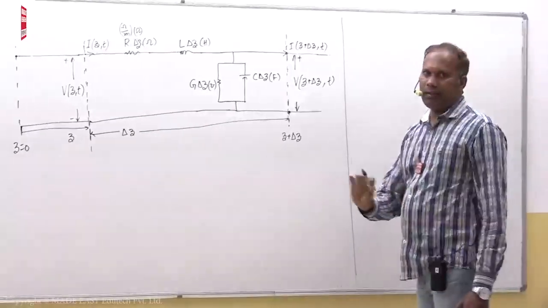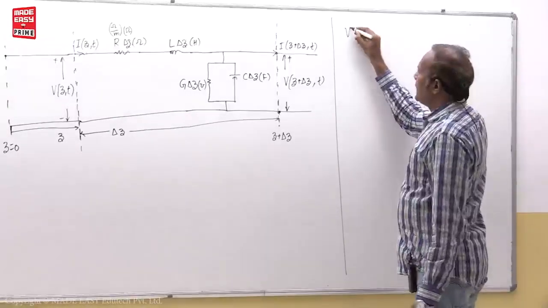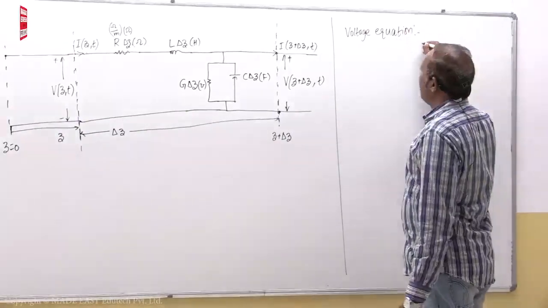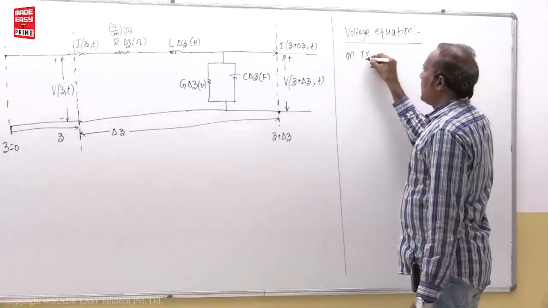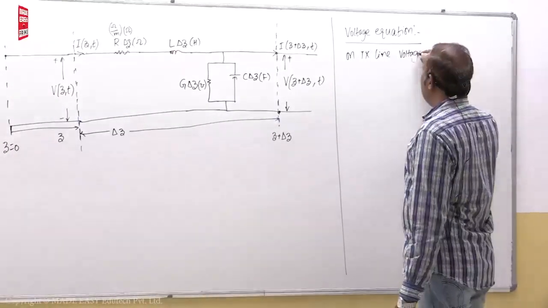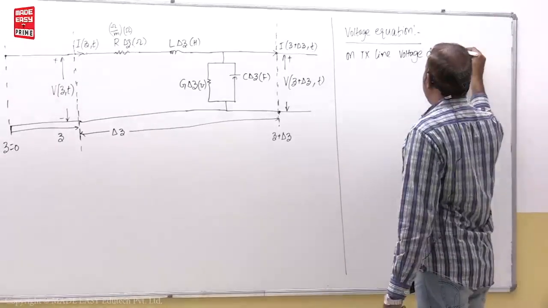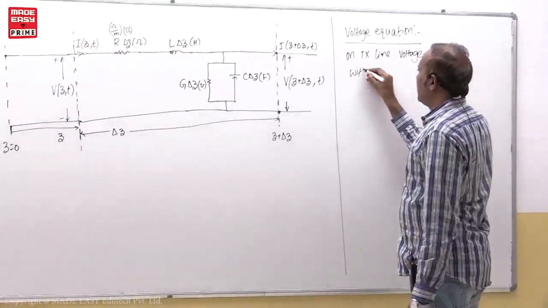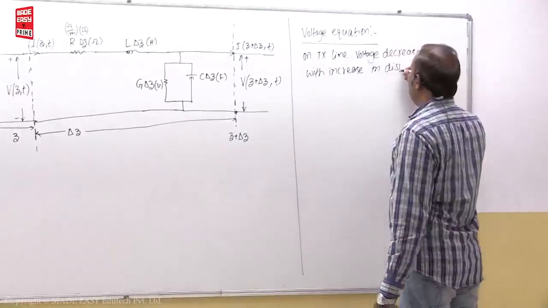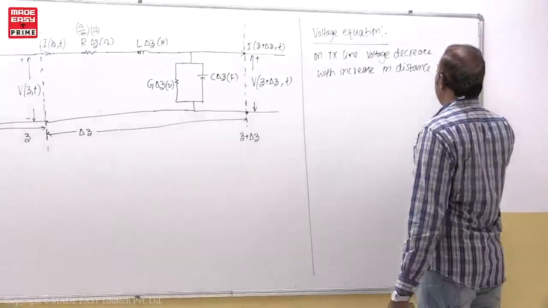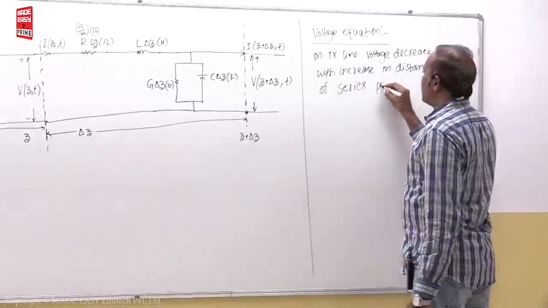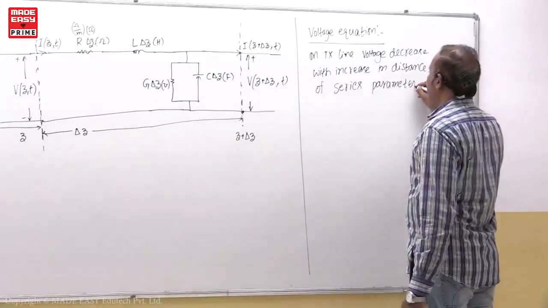On the transmission line, voltage decreases with increase in distance because of series parameters.